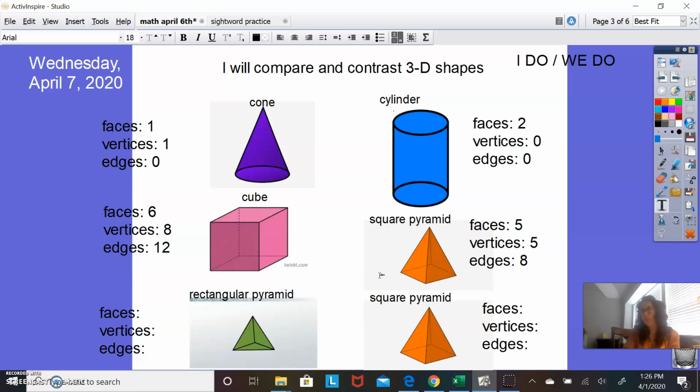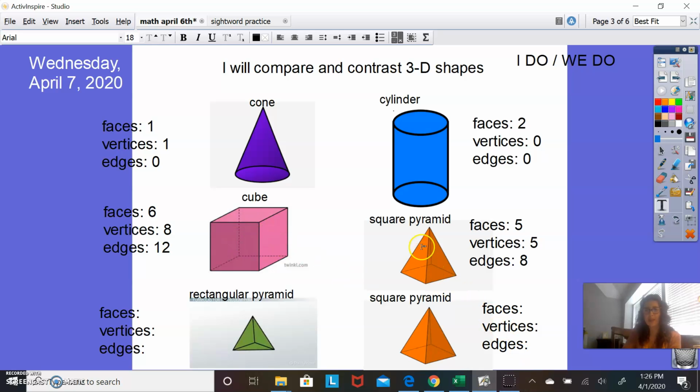Now, if we compare this information on these two shapes, they're different. But I'm thinking of one thing that could be the same about these two shapes. What could be the same? Take a look at the faces. I'm going to give you a minute to think about that. That's a clue. Look at the faces. We have square faces here.